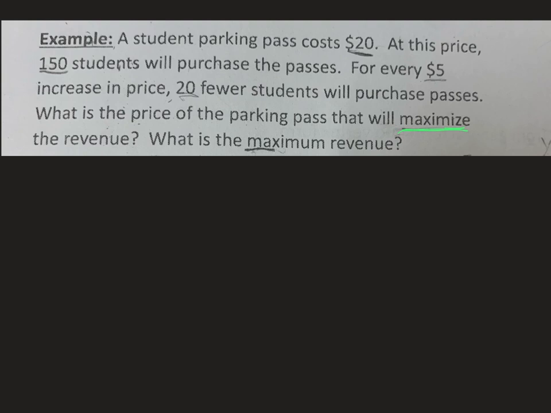Okay, so when you hear the word max or min, there is a way to do this with calculus as well, but for this one, we're at the 20-1 level. So first thing you want to do is write down your main equation, which is revenue. And revenue, the amount of money you bring in from an adventure, is based on the price you charge times the quantity of how many things you sell.